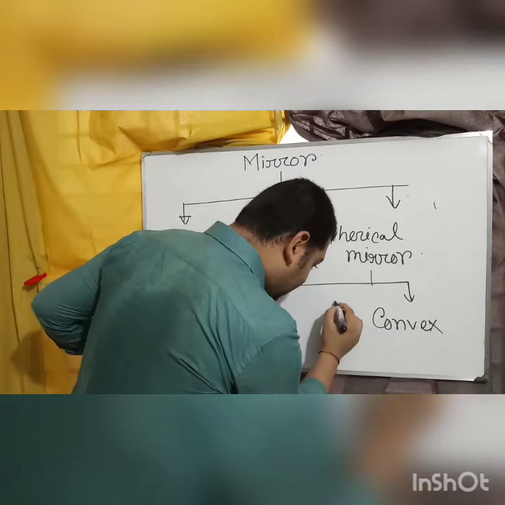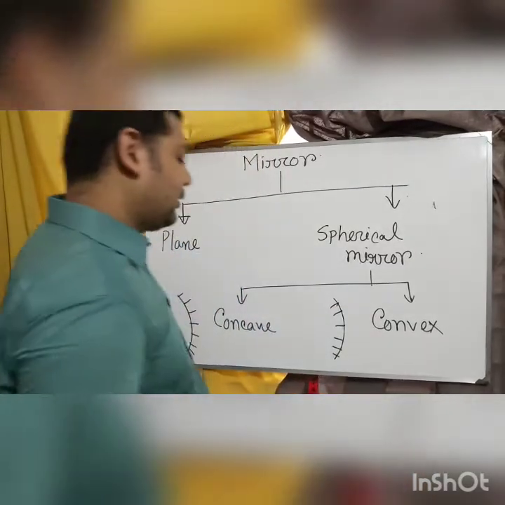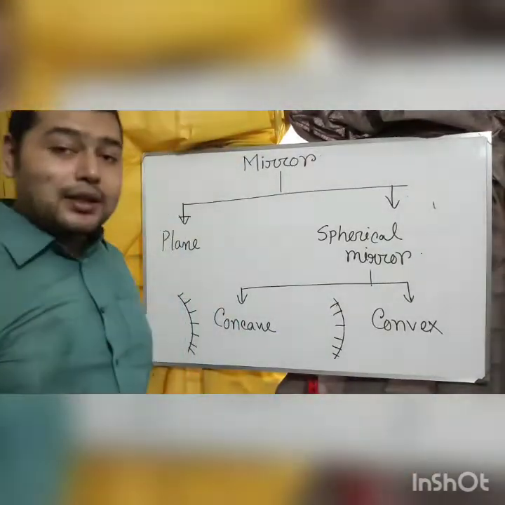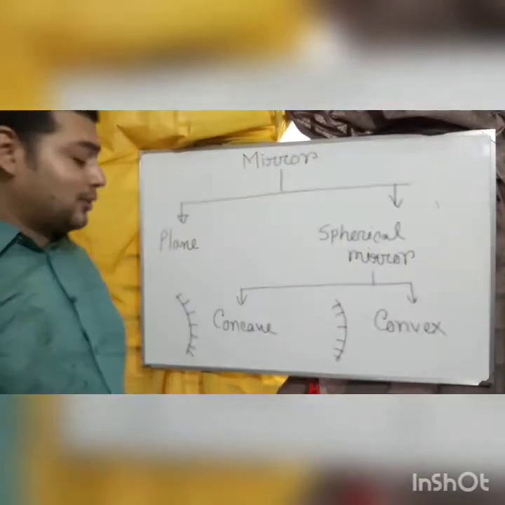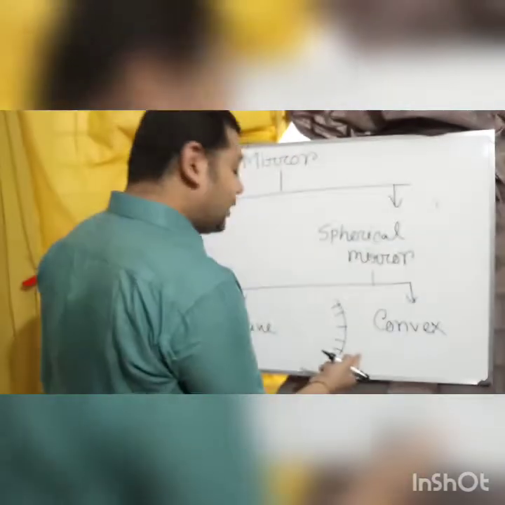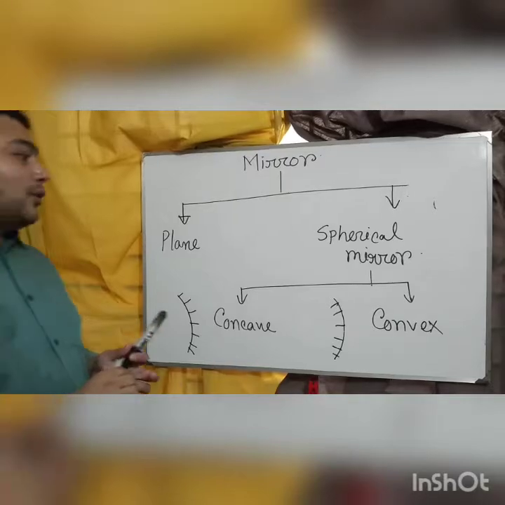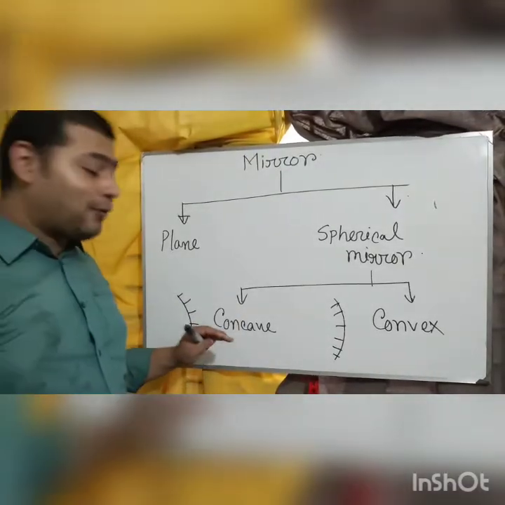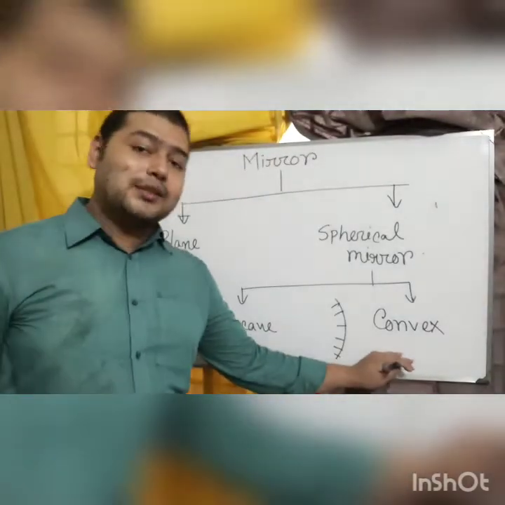A convex mirror is like that. The outer part of the spherical surface is used as the reflecting surface. So this is our concave mirror and this is our convex mirror. We will discuss how images are formed on a concave mirror and a convex mirror.